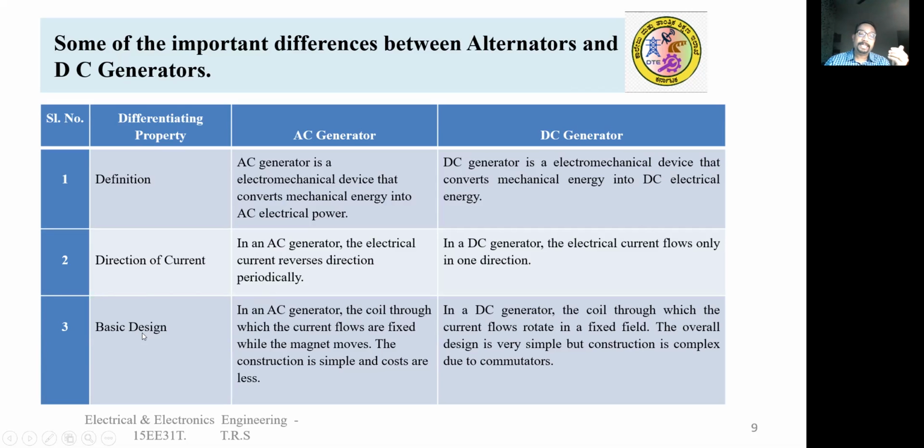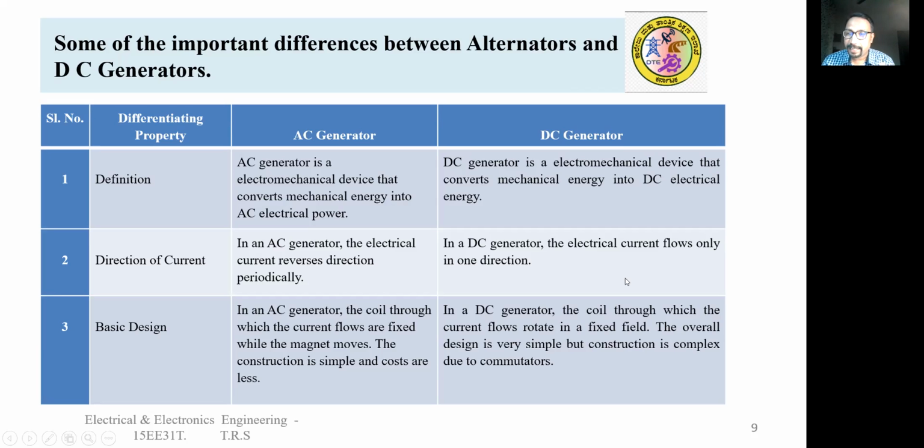Next, the third one is in terms of basic design. In the case of an AC generator, as we have seen in the previous slides, the conductors or the armature are stationary and the field is rotating. In an alternator, the armature or the conductors are stationary, hence called the stator, but the field system or the magnet is rotating.